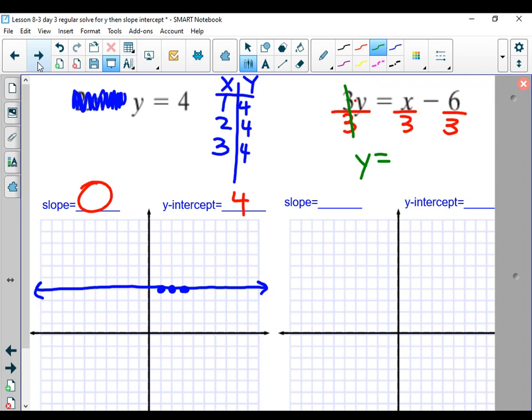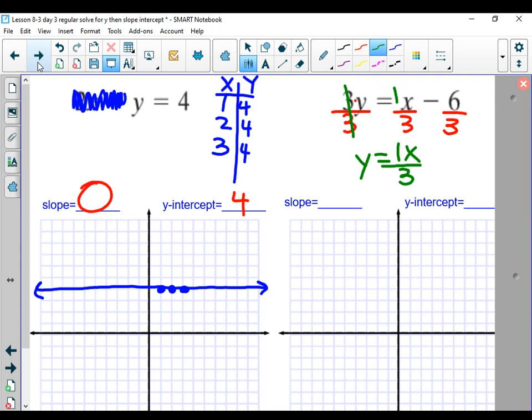There's a 1 by the X. There is, for sure. 1x divided by 3. Sophie? You could leave it as a fraction. We want a fraction next to x because that's our slope. Let's just leave it there.